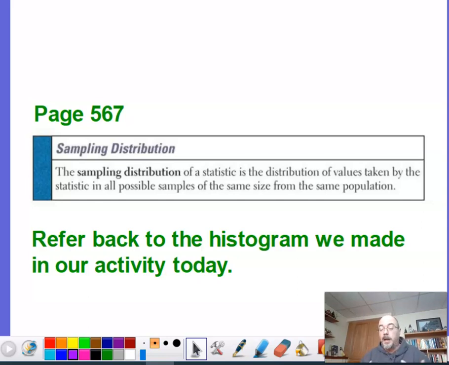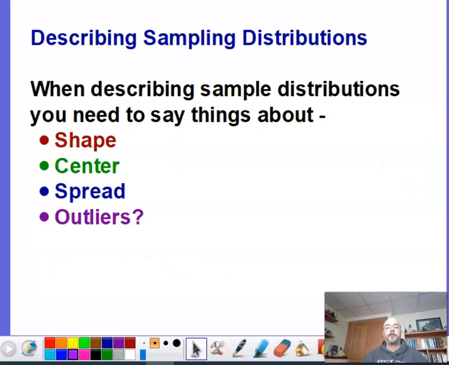So we have to decide how big is our sample and how many of those samples we want to take. Remember, when describing, we did this way back in chapter 1: when describing sample distributions, you need to say things about shape, center, spread, and whether there are any outliers. If you forgot all about that, go back to chapter 1, chapter 2, and look at that.